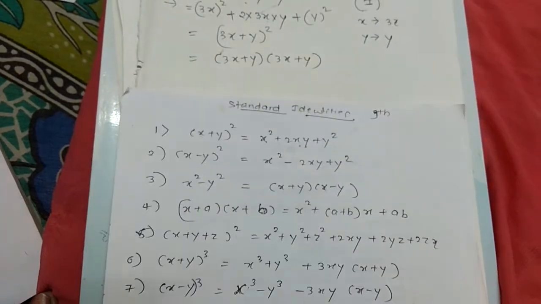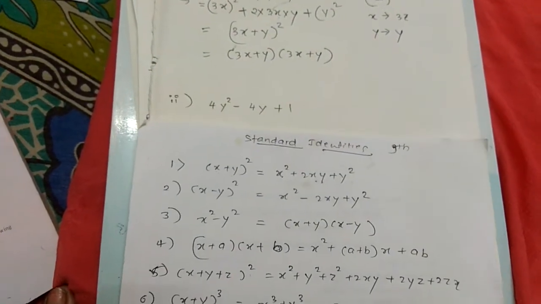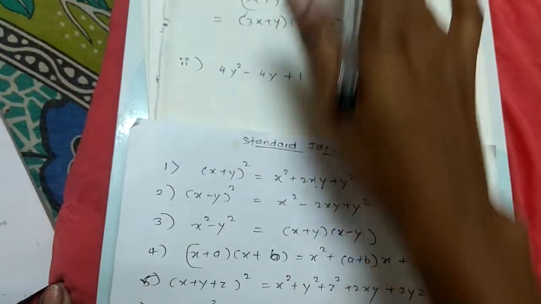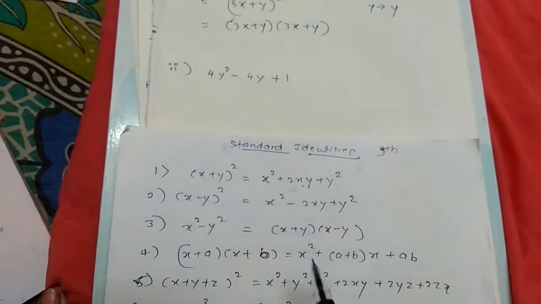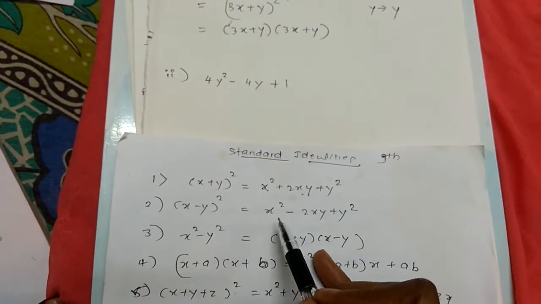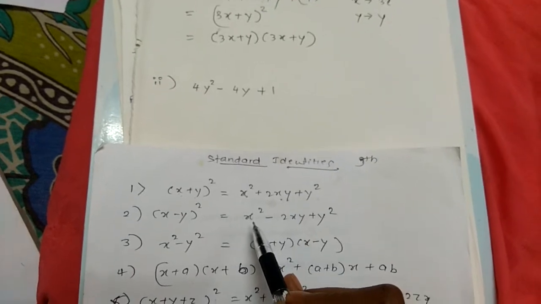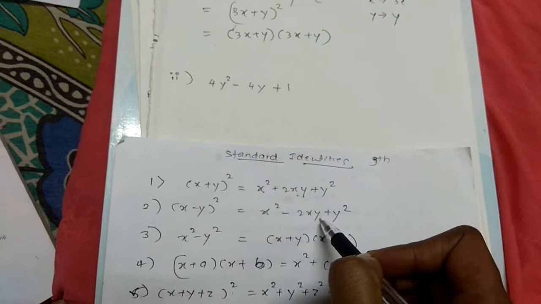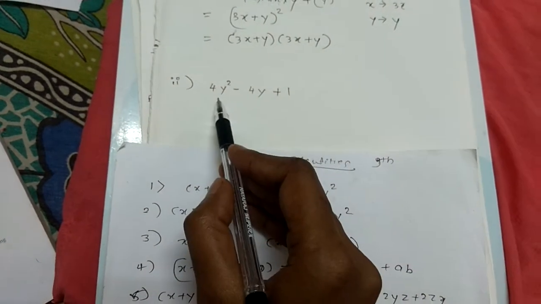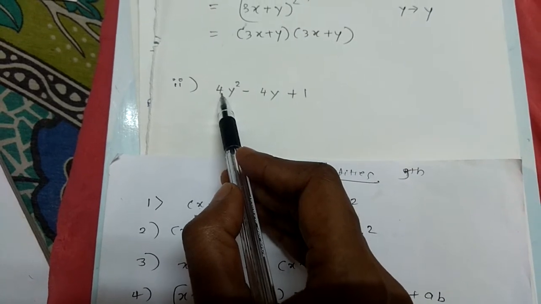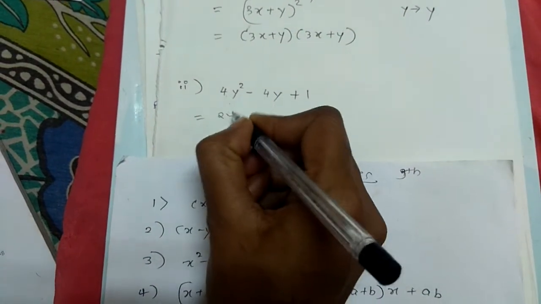Now let us move to the second example: 4y square minus 4y plus 1. Remember, whenever they give a factorization, they give the right hand side and you have to find the LHS. This is matching with the second identity. You can see the 3-term identities are the first and second identity. Here x square is 4y square, because 4 is a square number, so we can write this as 2y whole square.